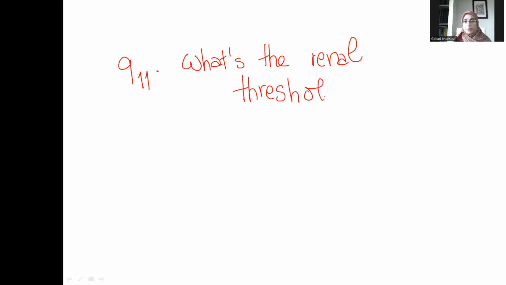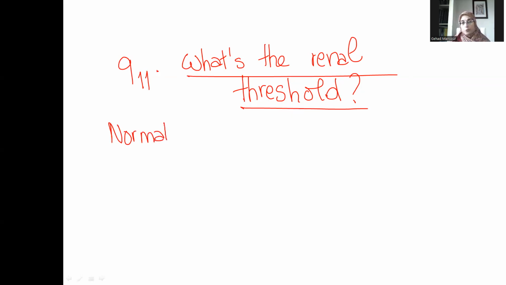We have said that when the blood glucose levels are high, all these symptoms I've just explained will occur. But at which level do all these symptoms appear? We have said that the normal blood glucose levels range between 80 and 120.